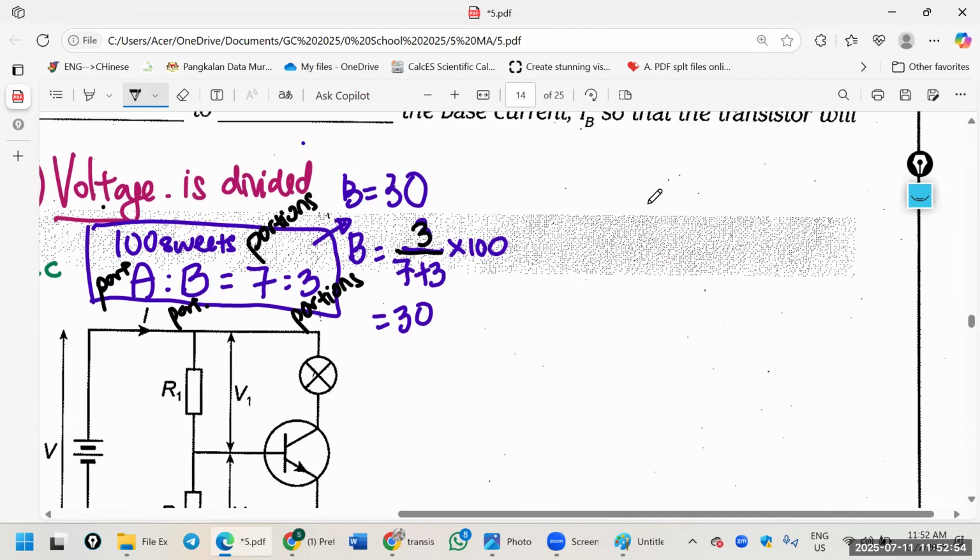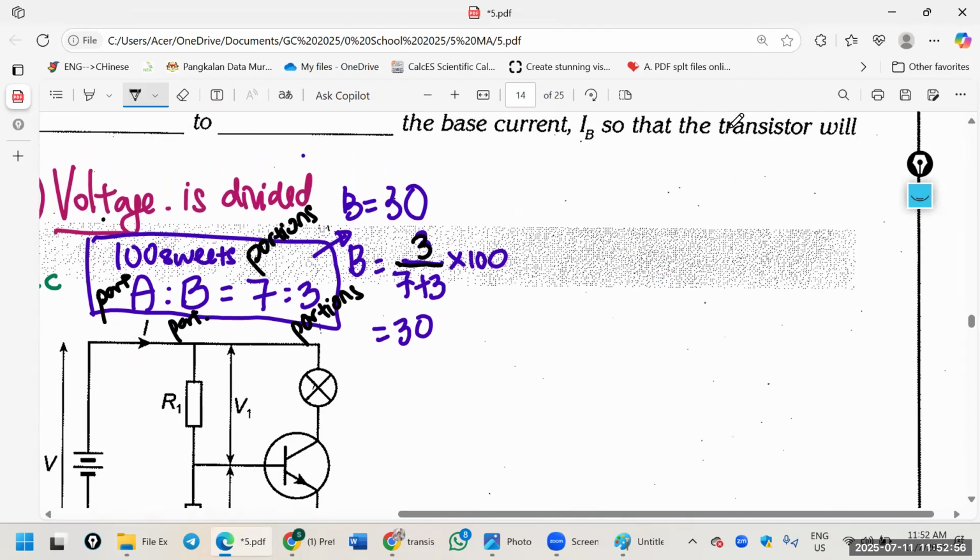Now let's redraw the simple circuit. Here we have 2 batteries, and then it's divided into 2 resistors, R1 and R2.